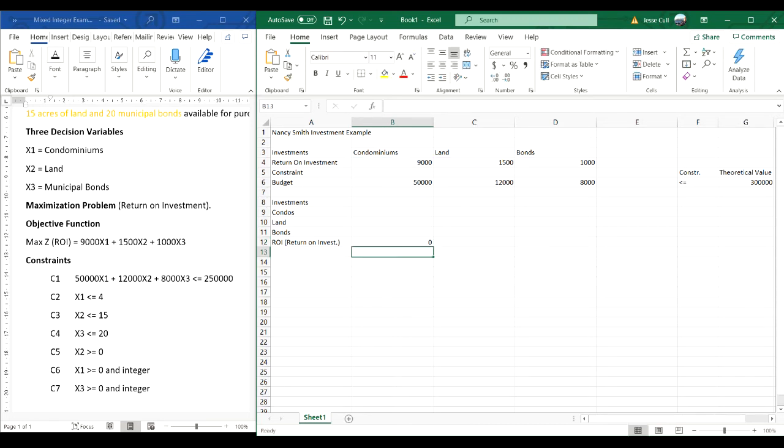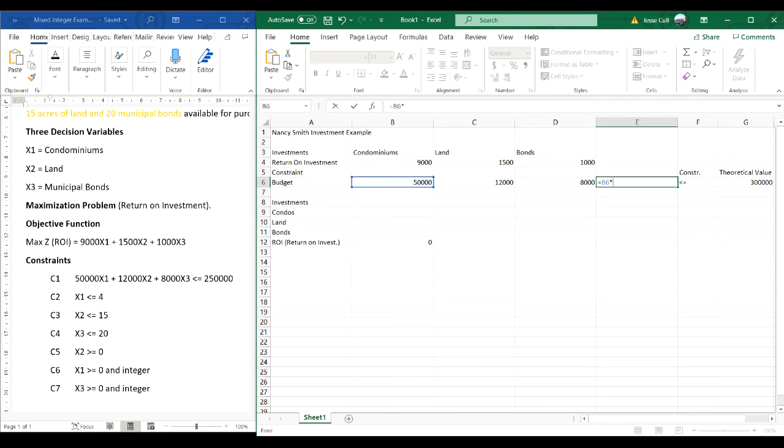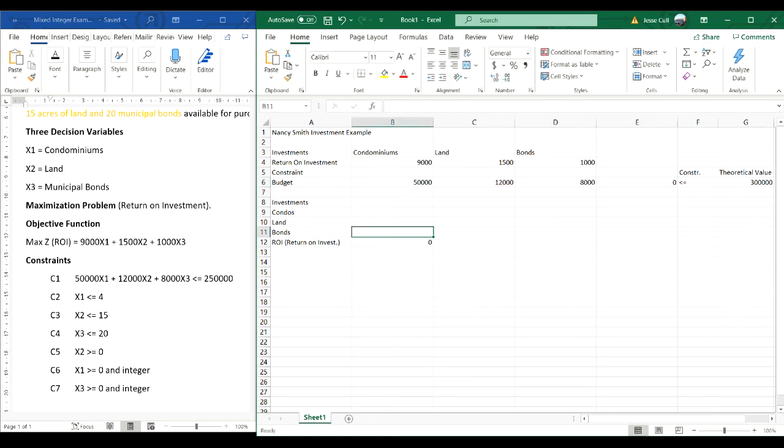And over here, we're going to go with the cost per condo times the number of condos plus the cost of land times the amount of land plus the cost of bonds times the amount of bonds. Done. Now, we've done this differently in the past, but I'm going to show you today that there are alternate ways once you know what you're doing.